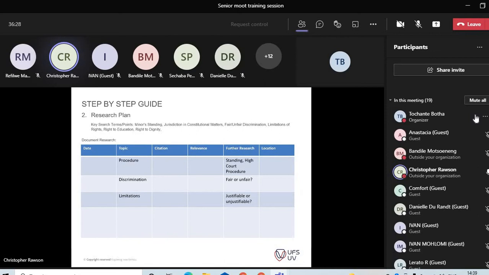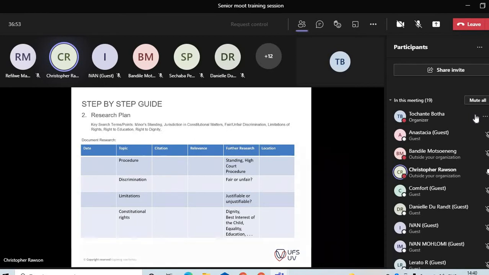We are going to look at the limitations of rights, because obviously we see the right to education, we see the right to dignity. And then we are going to research, what is a justifiable limitation and what is an unjustifiable limitation. And then we're going to look at constitutional rights, obviously, dignity, best interest of the child, and so forth. And the idea is that we need to know exactly what is the ambit of, for example, the right to education.